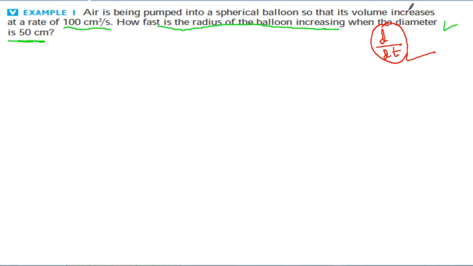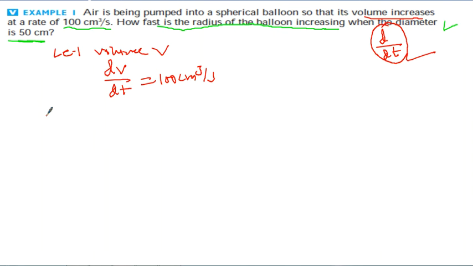So we have the volume increase. Let the volume be V. So we know dV upon dt is equal to 100 centimeter cube per second. So we can say that the volume being pumped in is 100 centimeter cube per second.